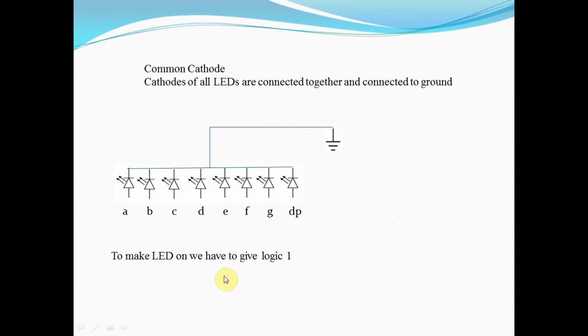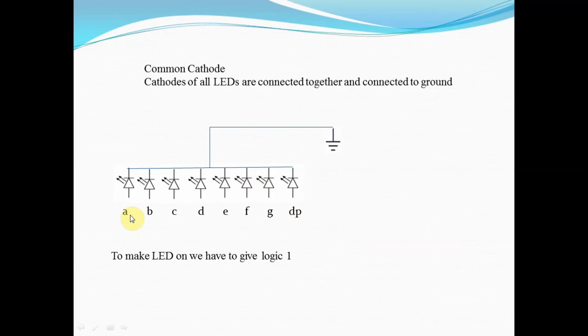Now let us understand the meaning of common cathode and common anode. First let's look at the common cathode display. In common cathode, this is the internal arrangement of LEDs. There are a total of 8 LEDs, and the cathode terminals of all the LEDs are connected together and connected to the ground terminal.